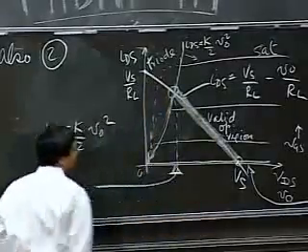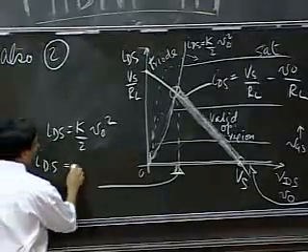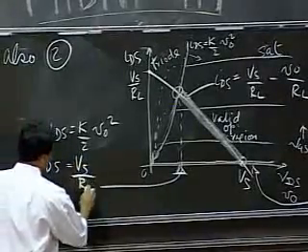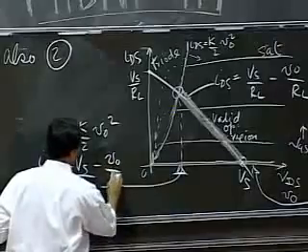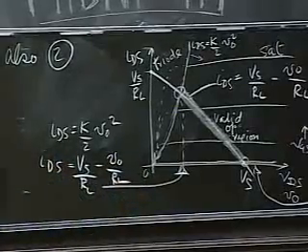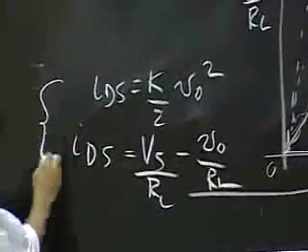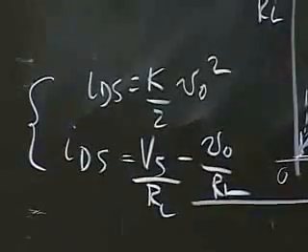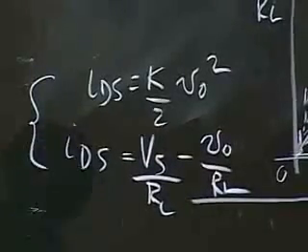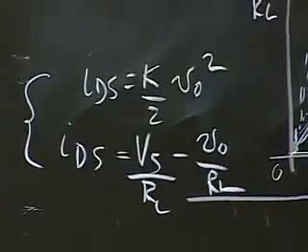And this is my load line equation, VS divided by RL minus V naught divided by RL. That's it. I won't go ahead and solve that for you. You can go and convince yourselves that if you solve these two equations and find the V naught for this, it should be the same V naught that we obtained using the other graph.